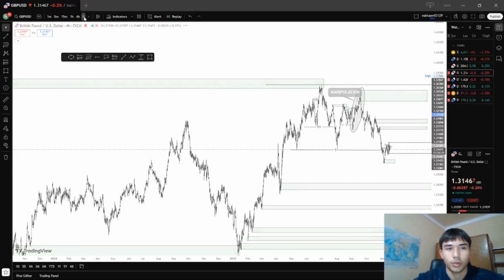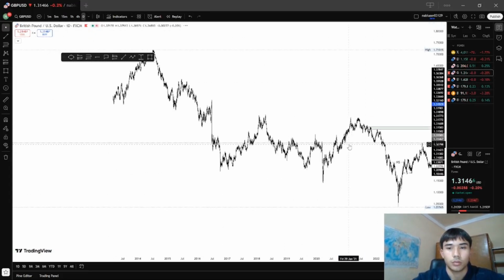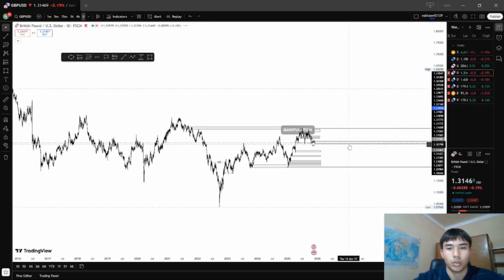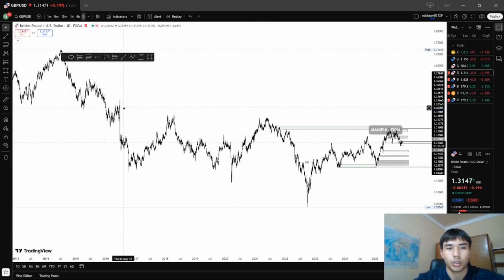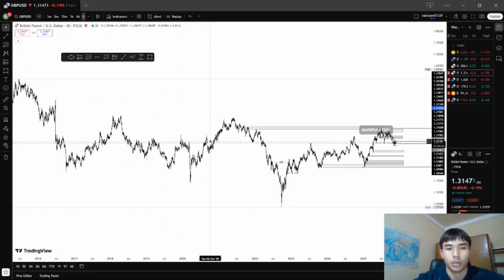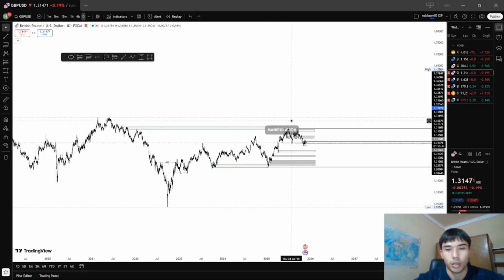But overall, what we have on our daily time frame is bullish market structure, bullish, bullish, bullish, lower high, lower high, lower high, and a little pullback, higher low, higher high, higher low, higher high, higher low, higher highs.